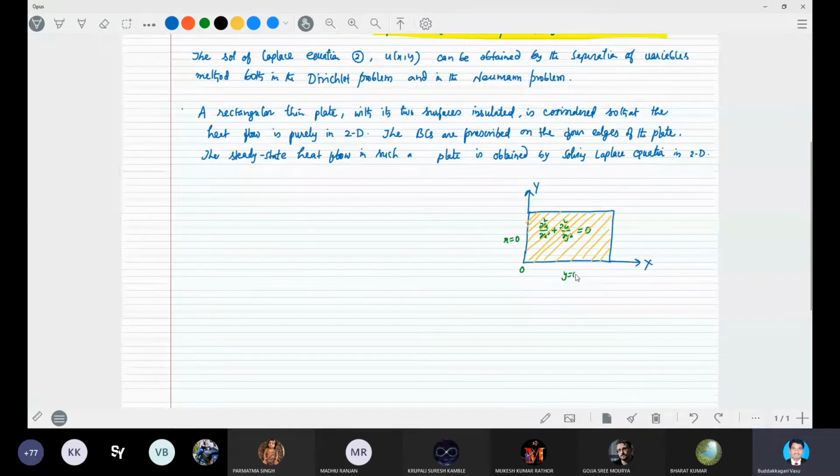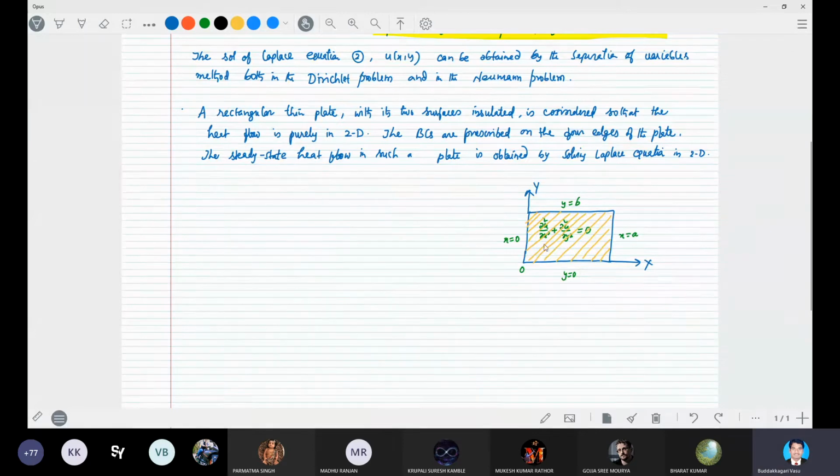In such a case, since it is a thin plate, two faces are insulated, so the distribution of temperature is only two-dimensional, where it satisfies the equation ∇²u = 0, or ∂²u/∂x² + ∂²u/∂y² = 0.